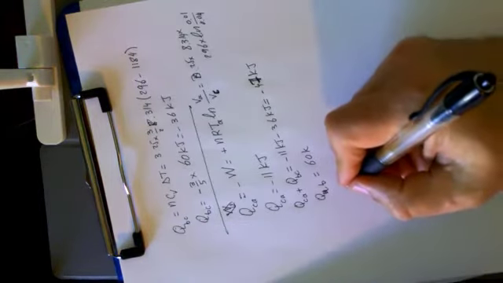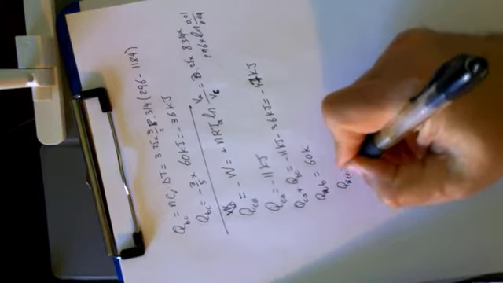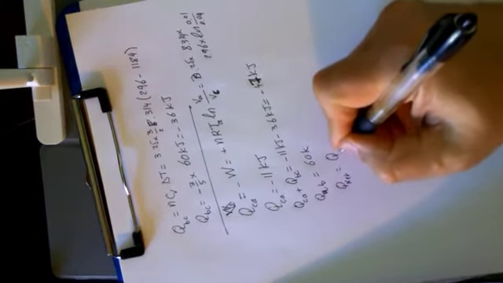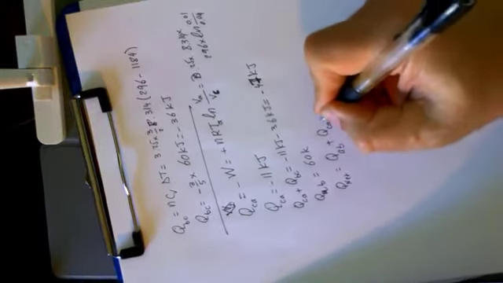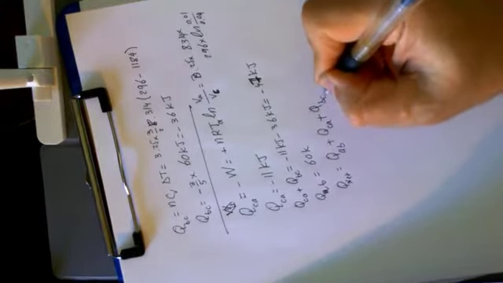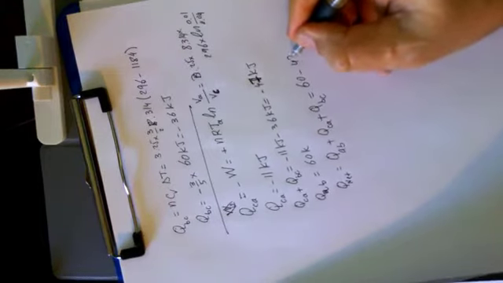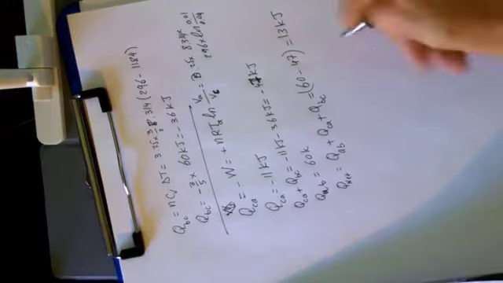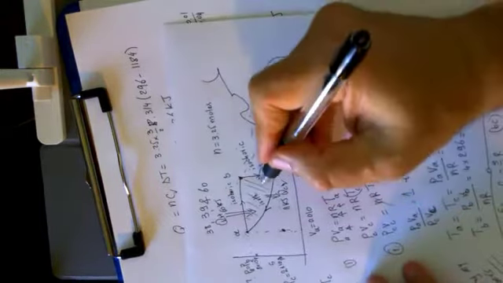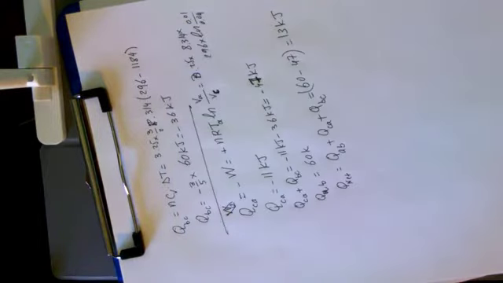So Q net, in this case, which is the difference between the two, QAB plus QCA plus QBC, is equal to 60 minus 47, which ends up being 13,000 kilojoules. That, in my prediction, is how much work we're actually doing.